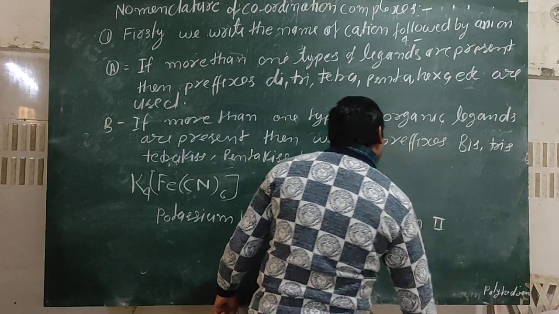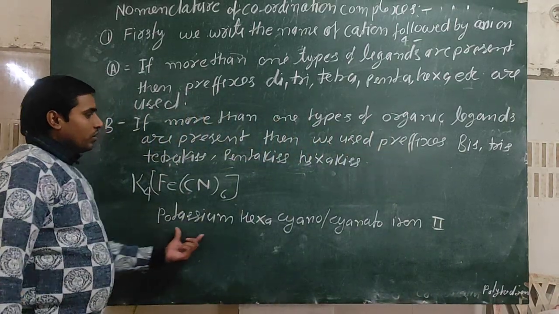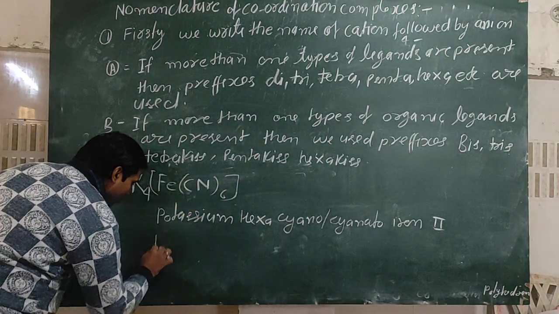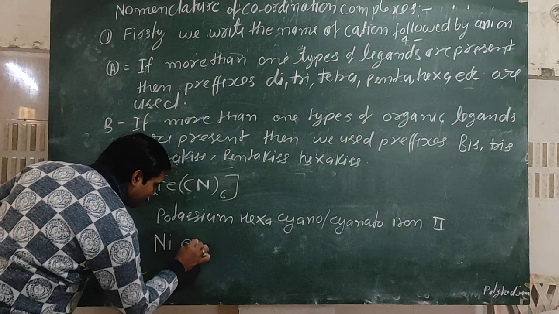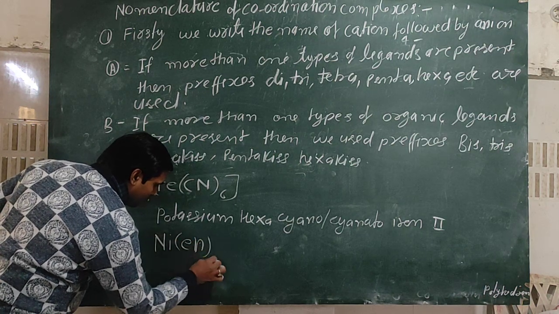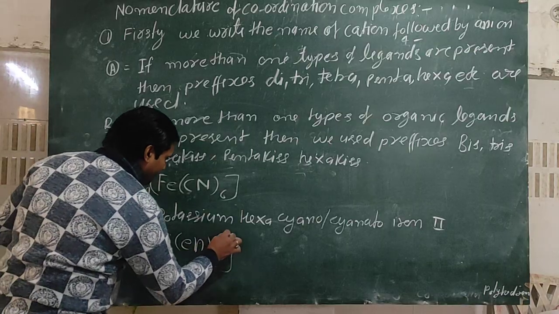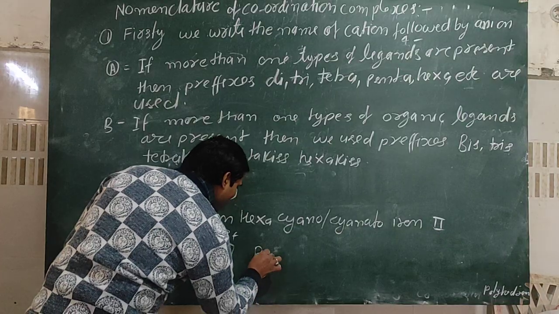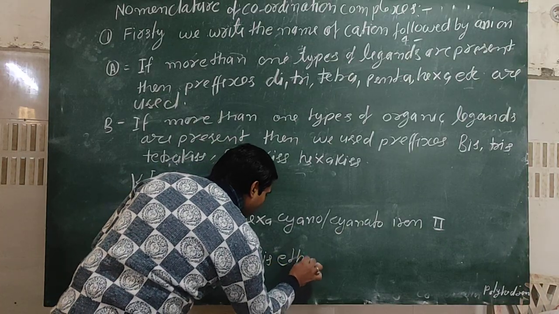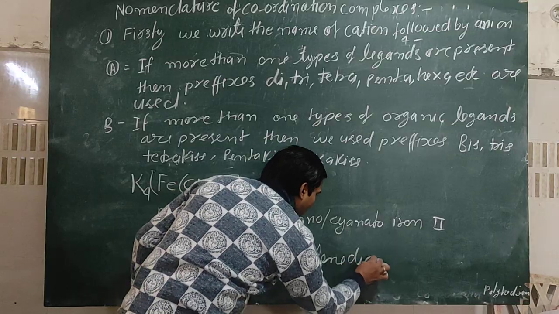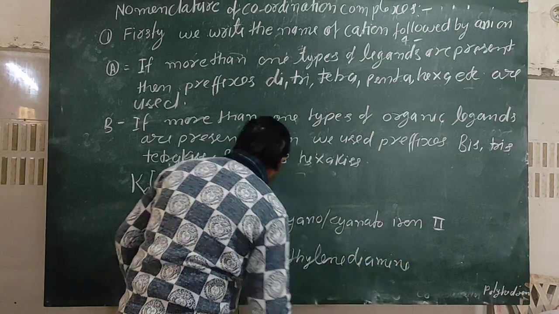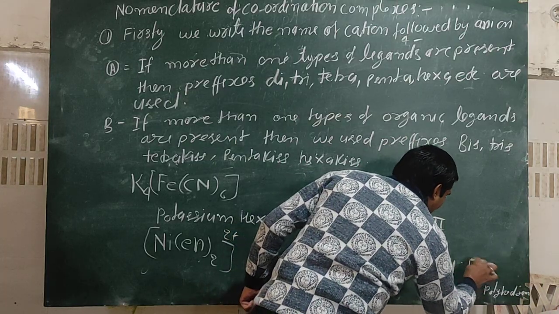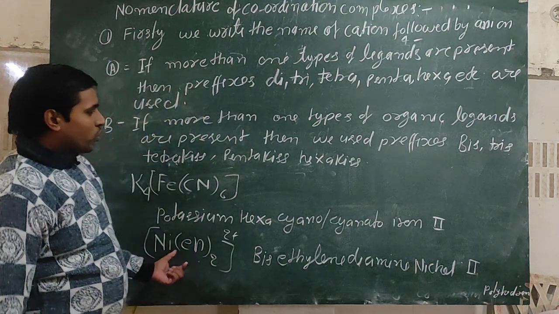These are the names of these complexes. Similarly, if nickel contains ethylene diamine in 2 number, then its name becomes bis(ethylene diamine)nickel(II).